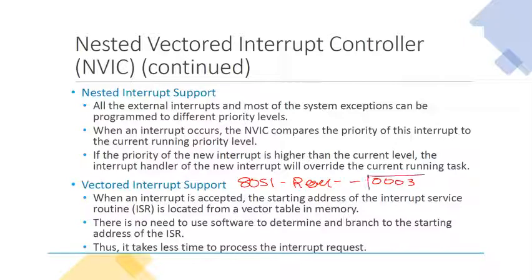This is the location where the address of the vectored interrupt is available. So if you access the 0003 address, you can access the interrupt service routine, located in the interrupt vector table in memory. There is no need to use software to determine and branch to the starting address of the ISR. Thus, it takes less time to process the interrupt request.